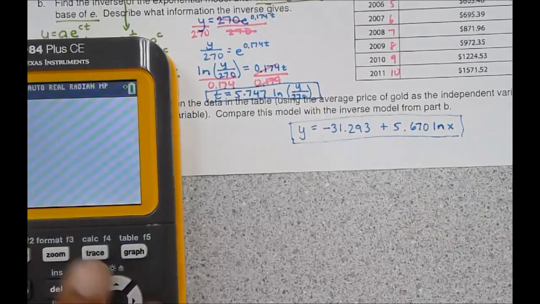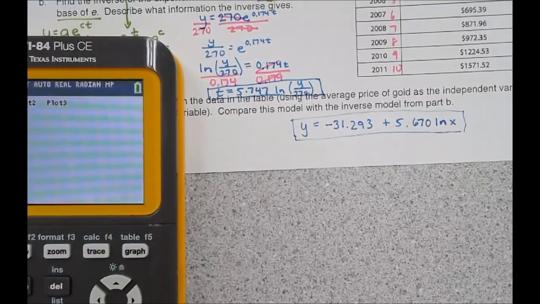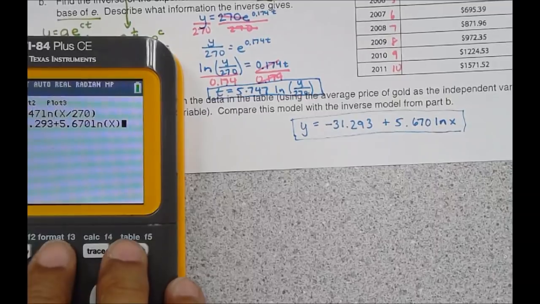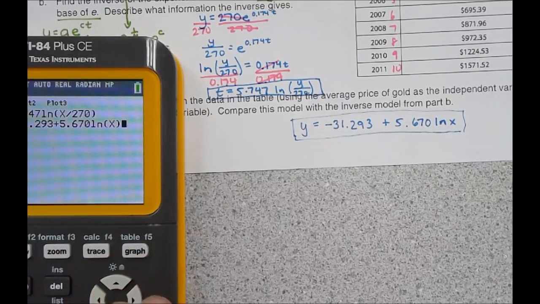Okay, so let's see, we have 5.747 ln of y divided by, which y is going to be x, divided by 270. And we're going to compare that to negative 31.293 plus 5.670 ln of x.